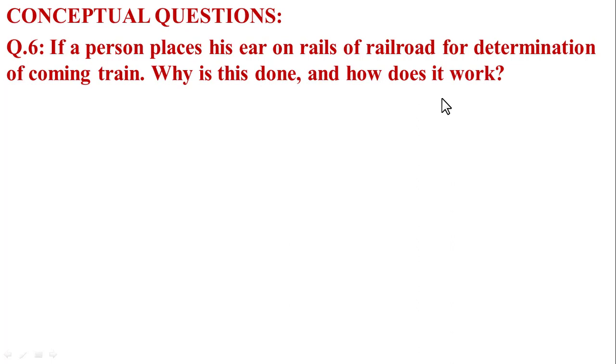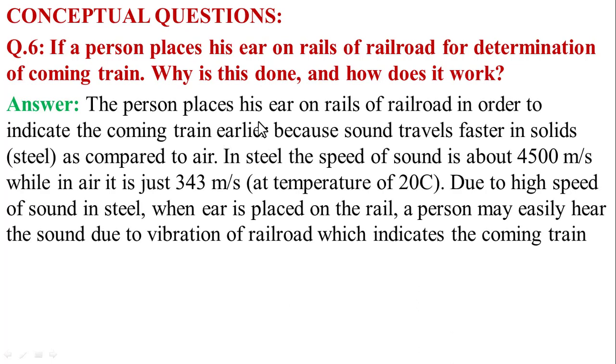The simple answer: the person places his ear on the rail of the railroad in order to detect the coming train earlier, because sound travels faster in a solid such as steel as compared to air. In steel, the speed of sound is about 4,500 meter per second, while in air it is only 343 meter per second at a temperature of 20 Celsius.